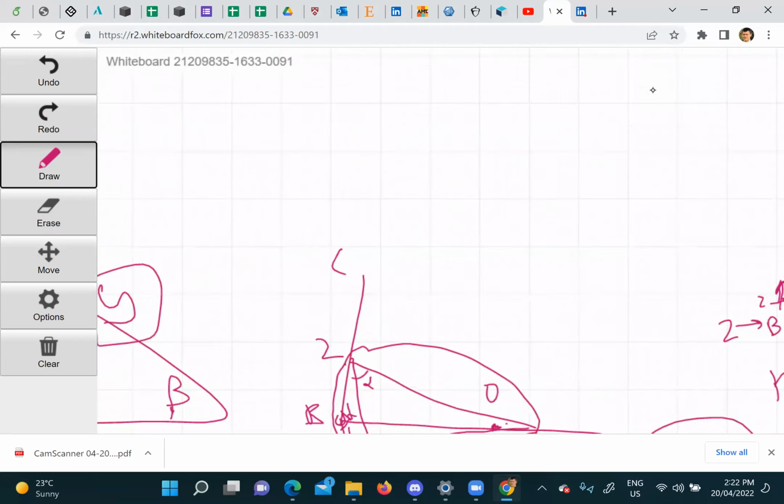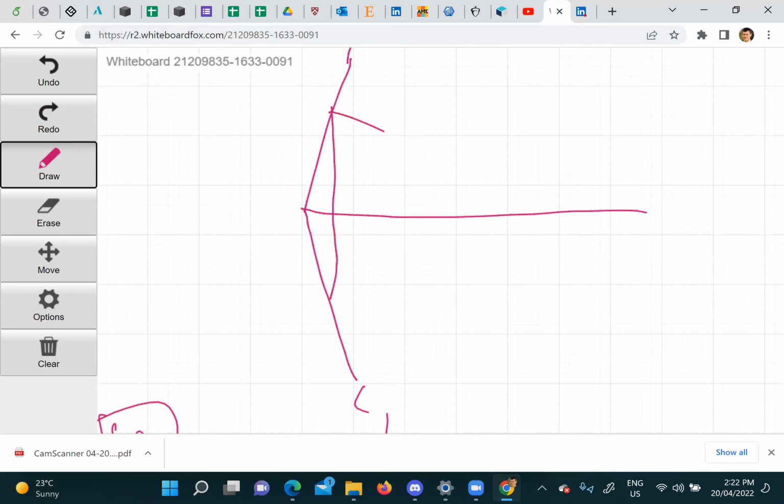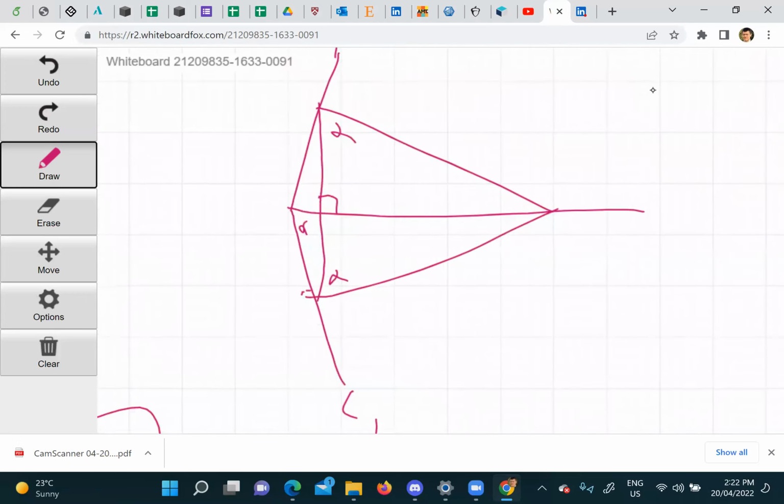Alright, now we just have to look at the case where it's like this. Alpha. Okay.